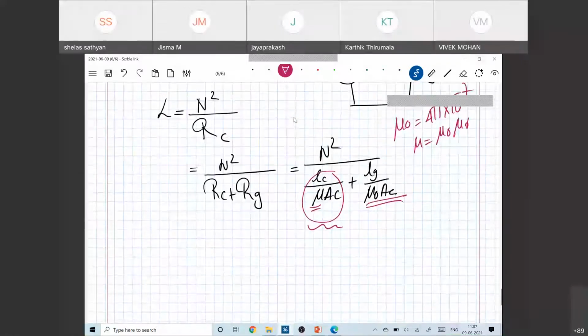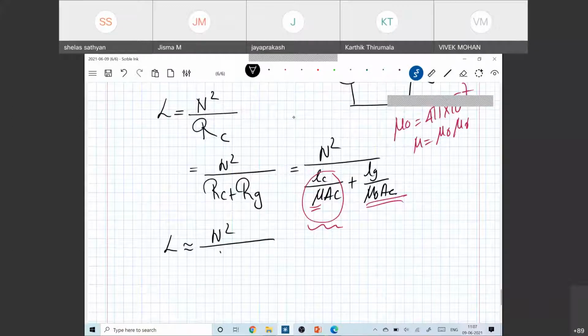The reluctance offered by the core material will be negligible compared to the reluctance offered by the air gap. So in that case, we could easily write that the inductance is directly proportional to the square of the number of turns divided by the reluctance of the gap. One important aspect of introducing the air gap is that the inductor becomes completely independent of the core reluctance, or independent of the core shape.